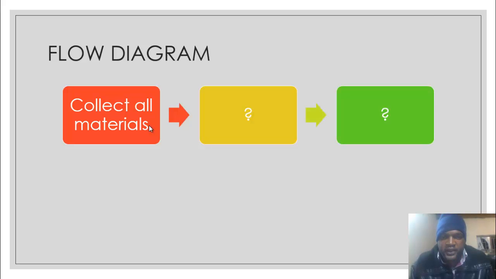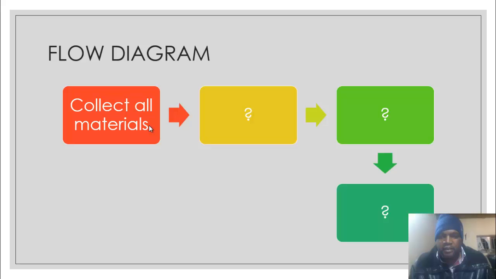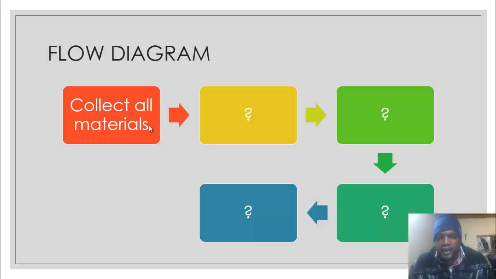And then from measuring, maybe you can start gluing together some parts, start putting the item together. Maybe here you can start making some reinforcing, putting other parts on the tower, and then maybe lastly you finish by disguising it, painting it up. So the flow diagram is basically just showing step by step how you're going to complete your task.